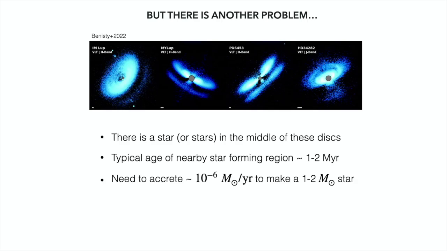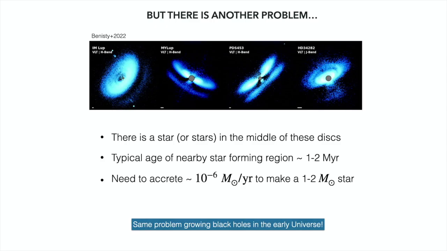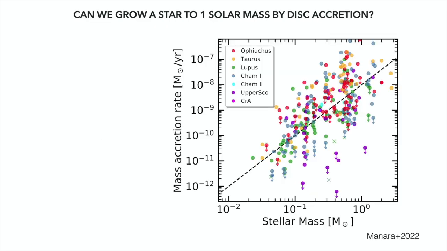Okay? So let's take observations of all T Tauri stars and plot their mass accretion rates. What's the problem here? There is not a single disk observed around a T Tauri star, at least in this plot, that is accreting at that kind of rate.